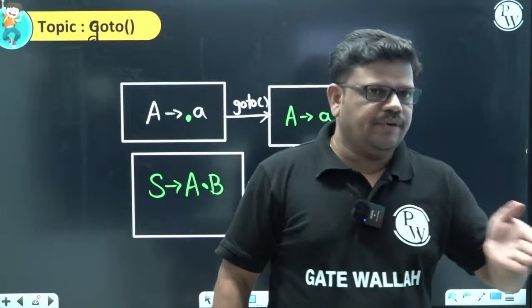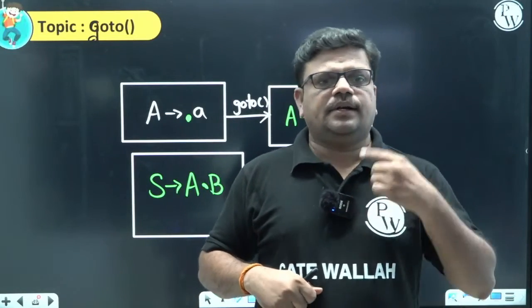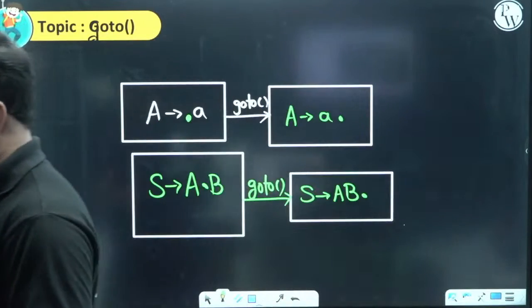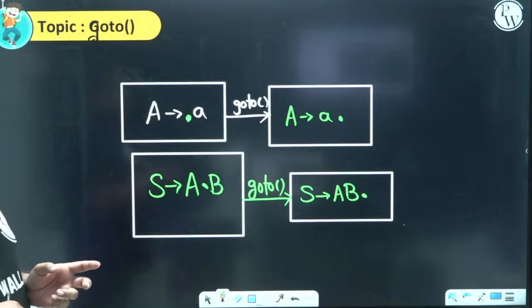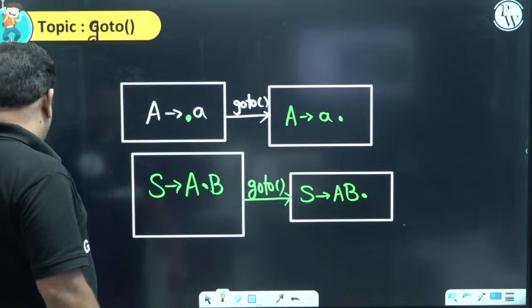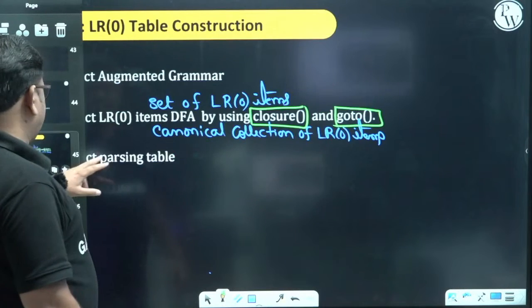Goto is moving dots. With the help of closure and goto, we will construct the total number of LR0 items possible corresponding to the given grammar productions. Then construction of the table is the last step; we'll see that later.